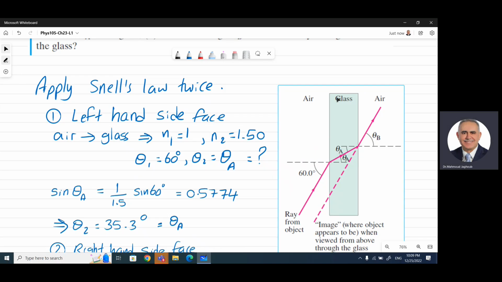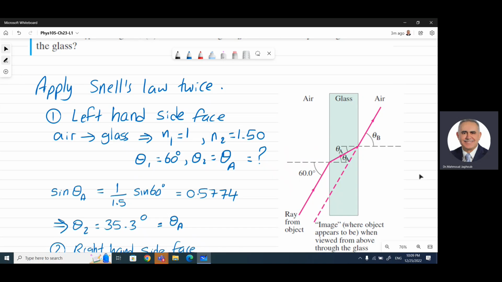Even without glasses, if you put a slab of glass in front of your eyes and you move it away fast, you feel that the picture has been shifted.